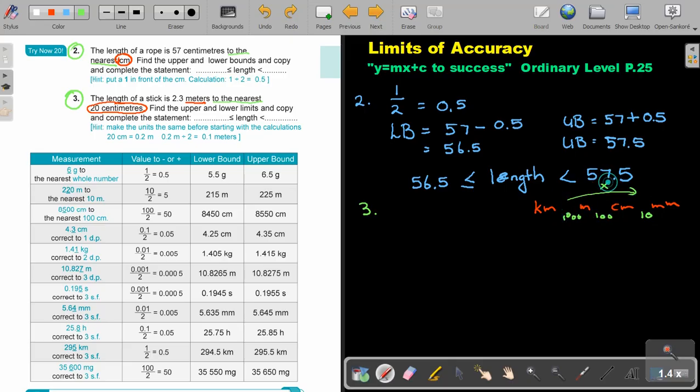Going to that side, multiply, going to this side, divide. So if I'm going to take centimeters to meters, I'm just going to divide by 100. Okay, so if I take that 20 centimeters and I divide it by 100, I'm going to get 0.2 meters.